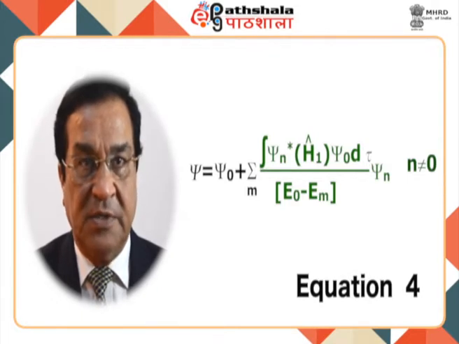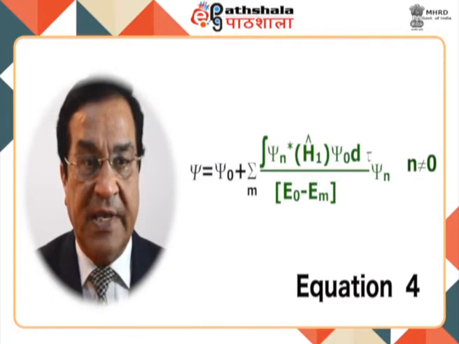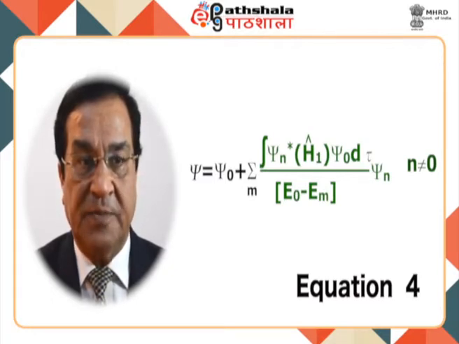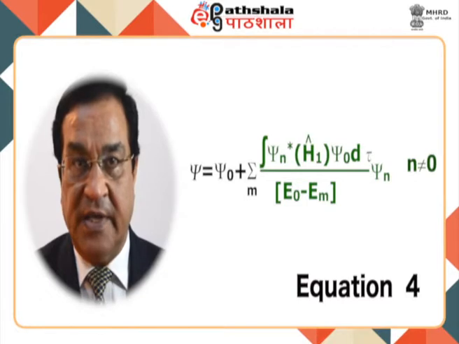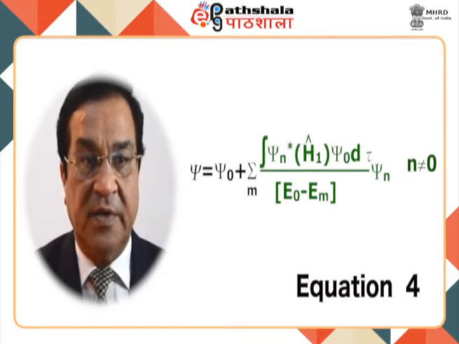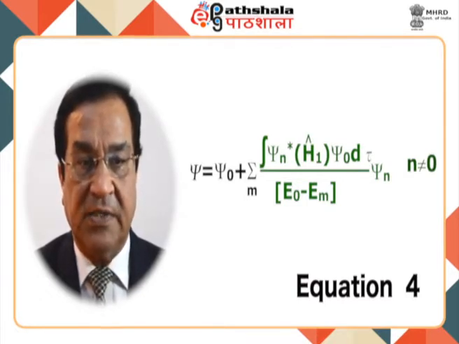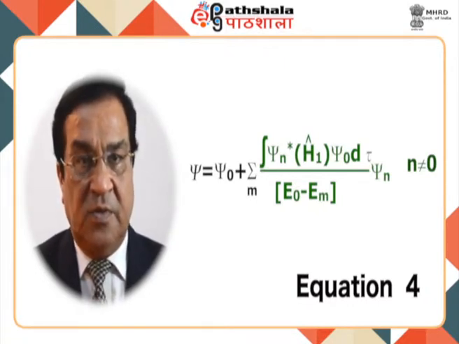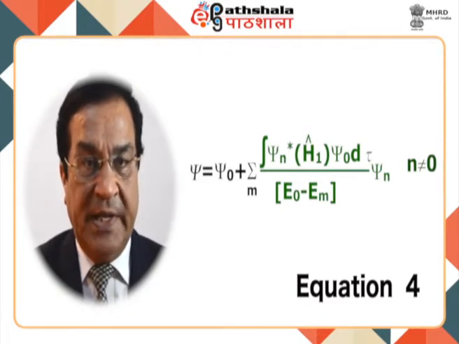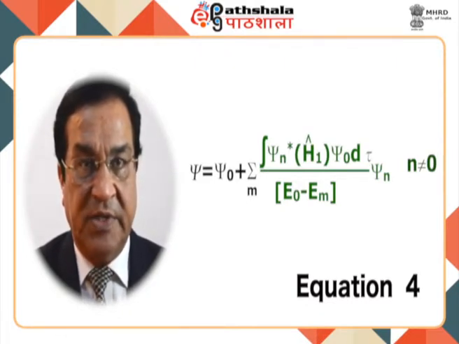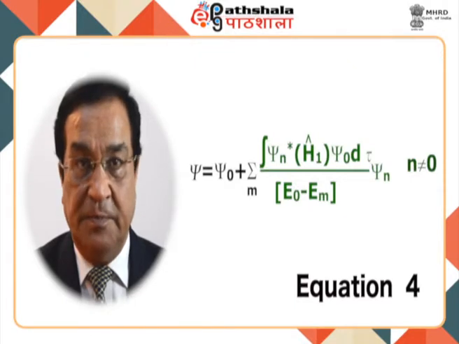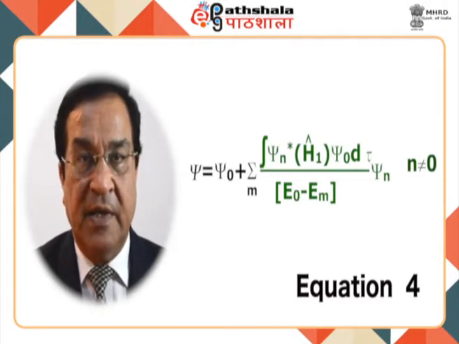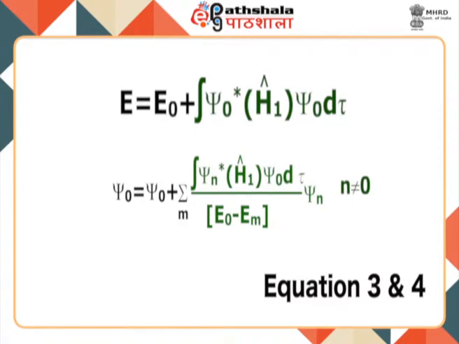Here the second term is summation over m, with psi m star H1 cap psi 0 d tau times psi m in the numerator, and E0 minus Em in the denominator, for m not equal to 0. So the methods for obtaining the first order correction to energy and to the wave function are very simple and can be obtained very easily using equations 3 and 4.